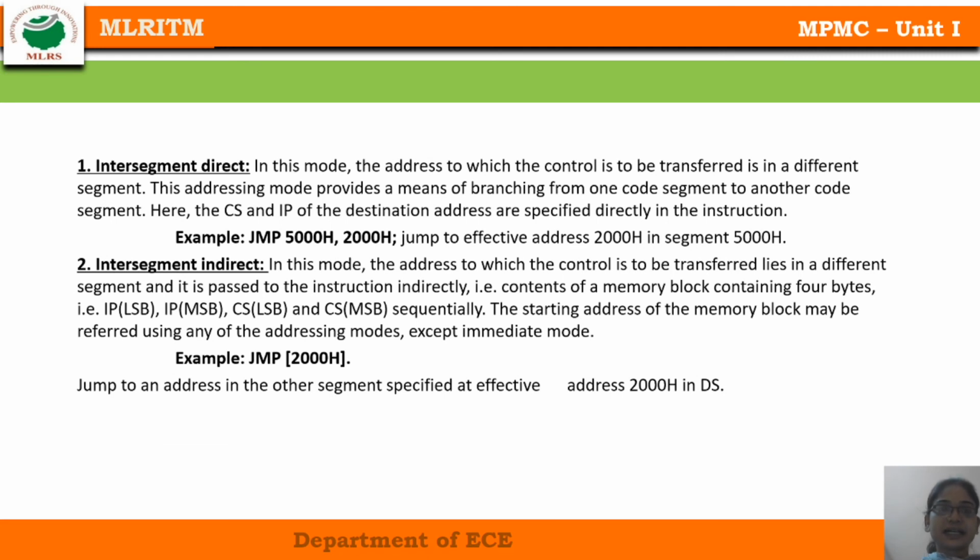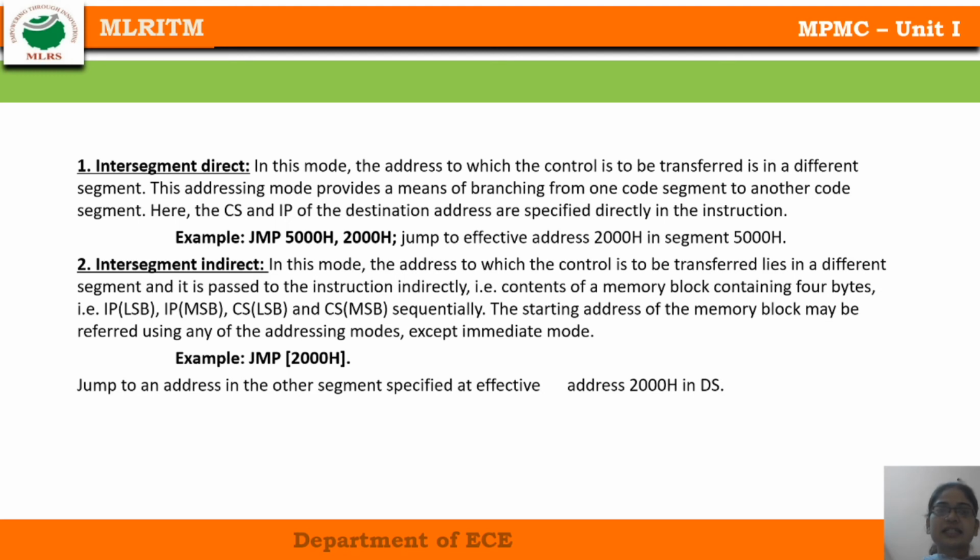Intersegment direct addressing mode. In this addressing mode, the address to which control is to be transferred is in a different segment. This addressing mode provides a means of branching from one code segment to another code segment.